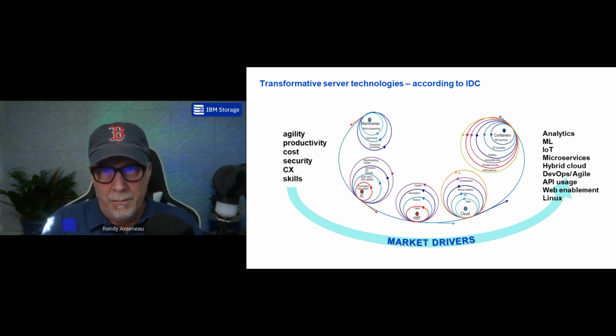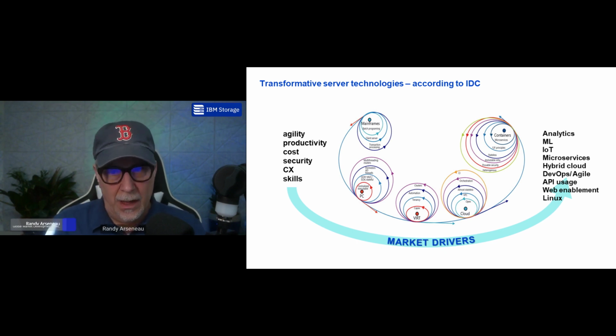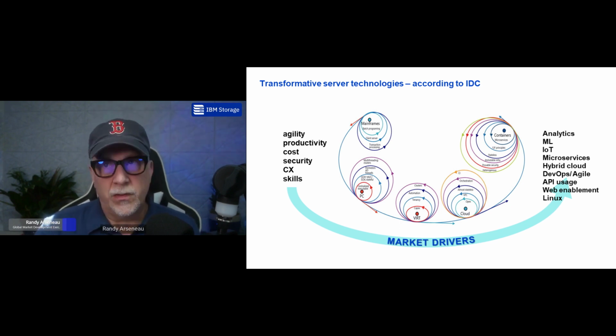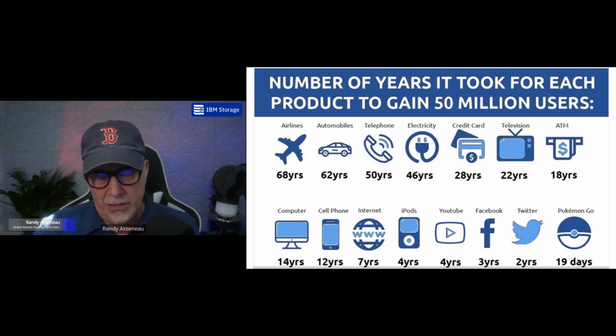So the demand domain has changed and the technology has evolved to accommodate those changes. But the bottom line is that it's still all about transforming the way you do business and really fundamentally architecting your environment to take advantage of the prevailing technologies.